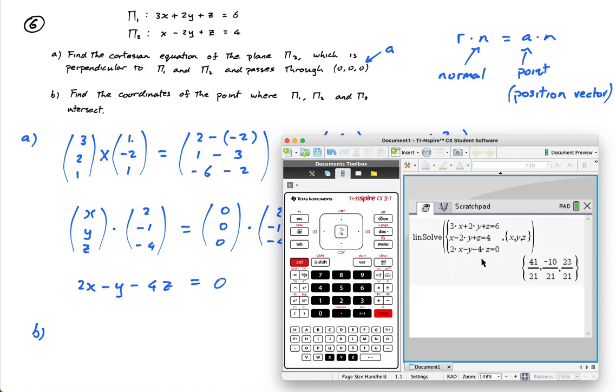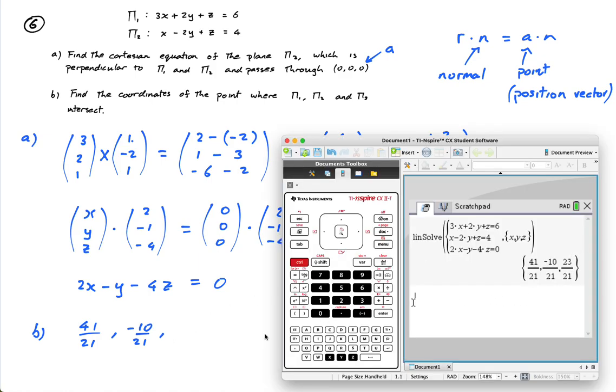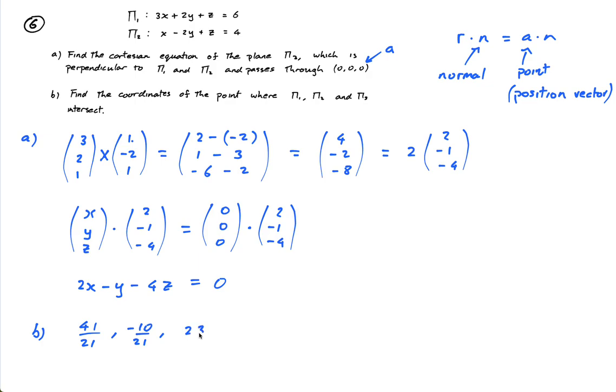And I just have to write in the point: 41 over 21, minus 10 over 21, and 23 over 21. It's a point, so we write it in point form, not in vector form. Okay, that's question 6.